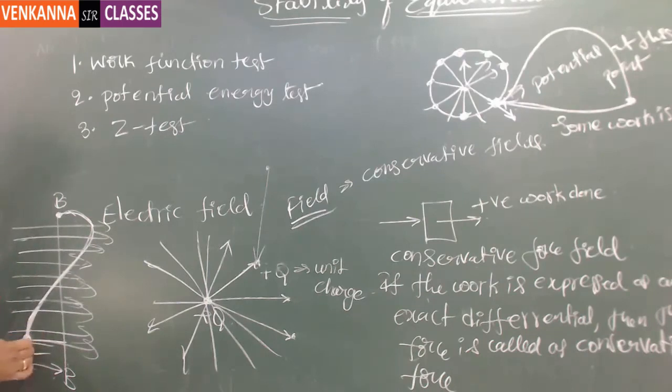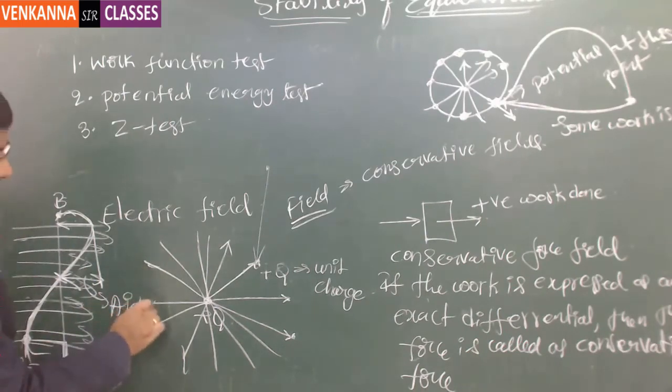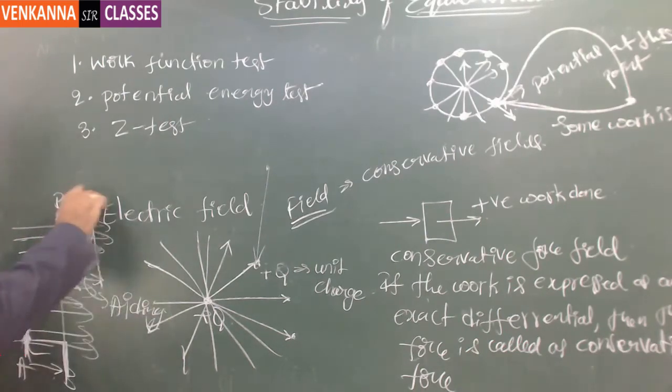Whatever component of the force got aided in this particular duration, the same force is getting opposed in this direction. From here to here, till this point it is aiding, and till this point it is opposing. This is the aiding and this is opposing.